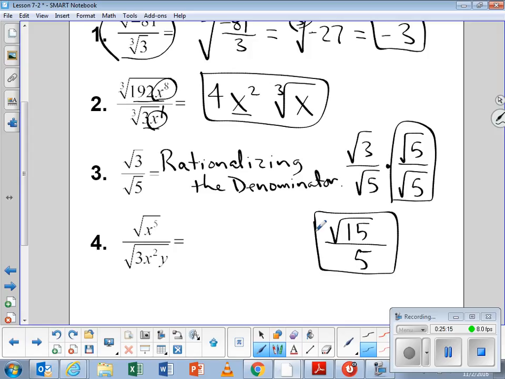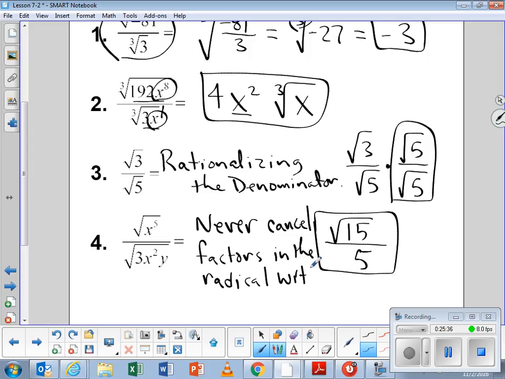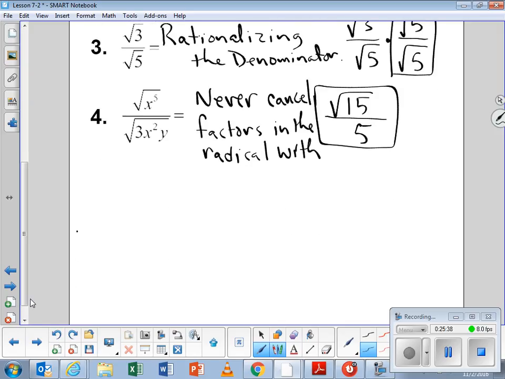Okay? So I'm just going to write a little note here, and then I'll erase it so we have room to do the next one. Never cancel factors in the radical with factors outside the radical.